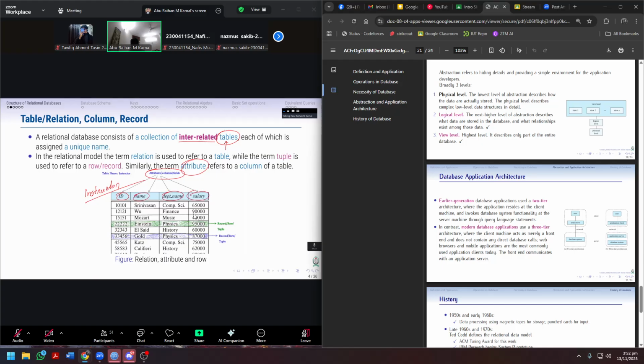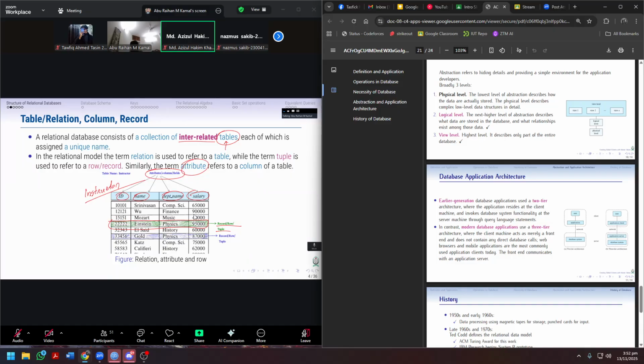And we have another thing. This is called a record. That means it is a record or row or tuple. It's all the same. Is it clear about these three terminologies? Yes, sir.